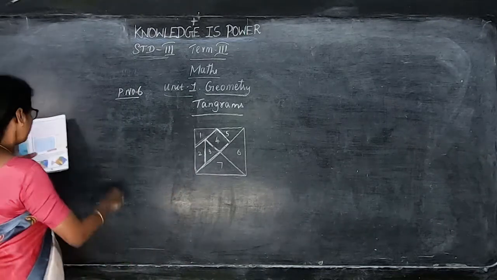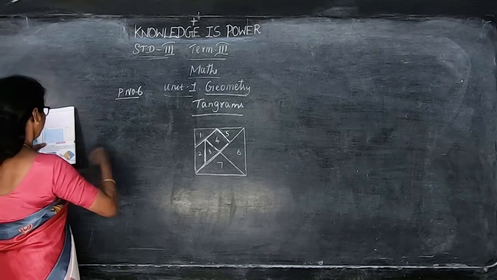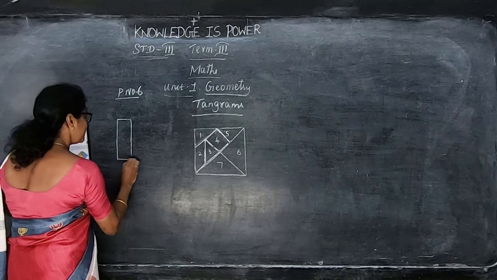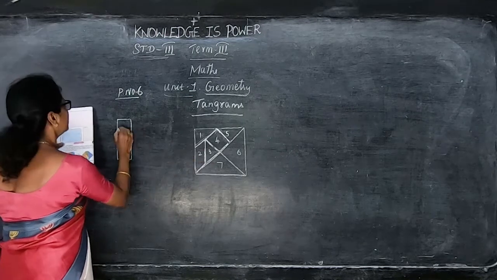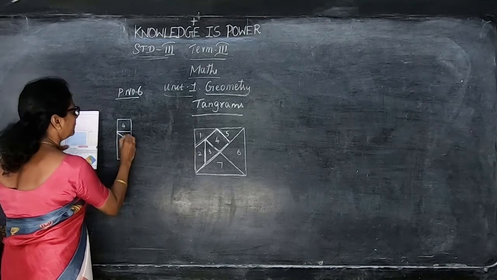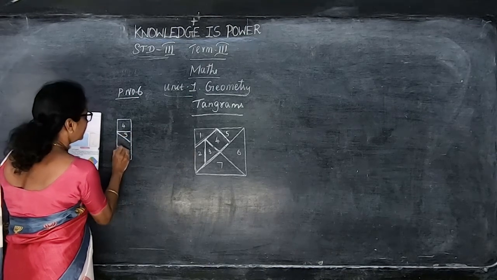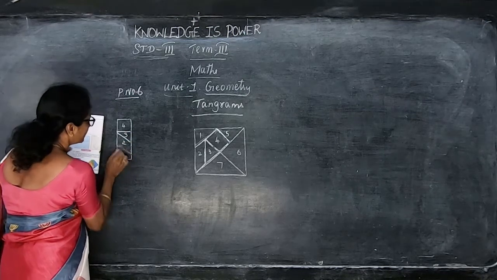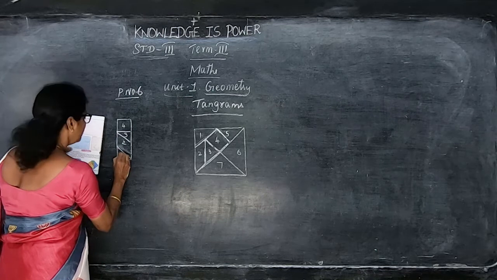See, how the fish is made: first you have to cut out the pieces, and then set them here. One square, number 4 is the square, and put triangle number 3, and then this parallelogram is number 2, and this triangle is number 5.